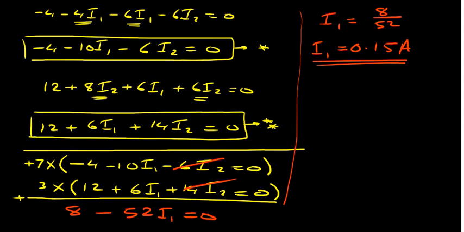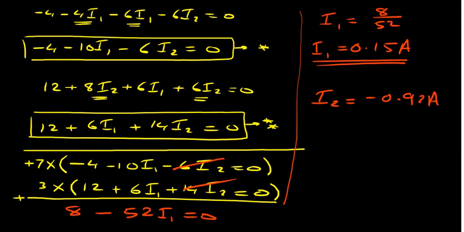Now to find the magnitude of current 2, simply take this value of current 1 and insert it in the star equation or the double star equation. It doesn't matter. When you do that, it should give you a negative 0.92 ampere.